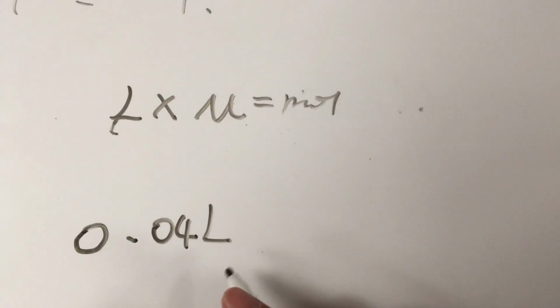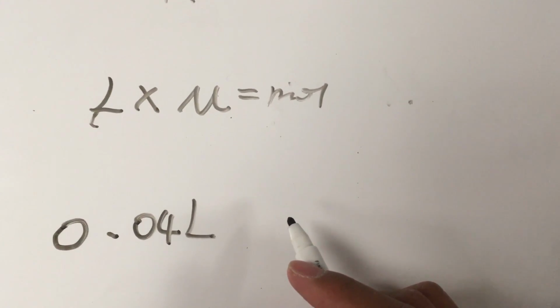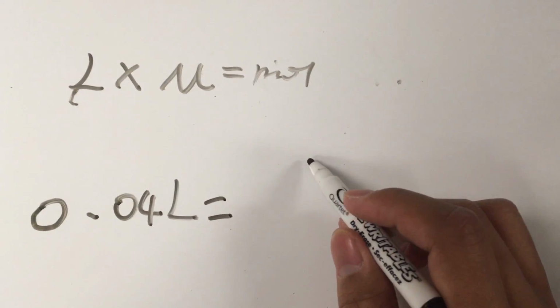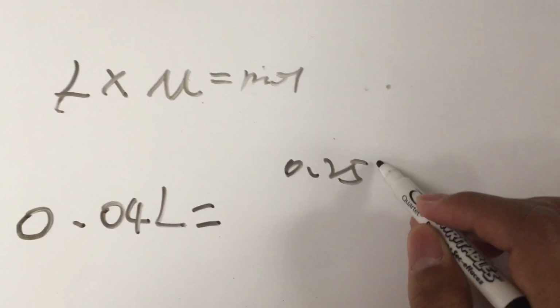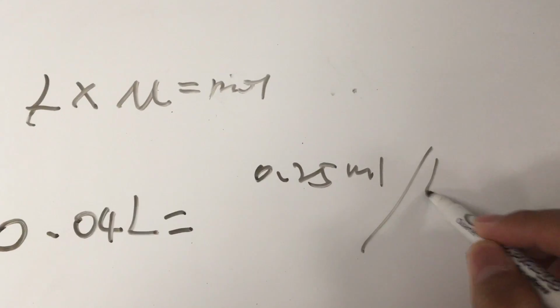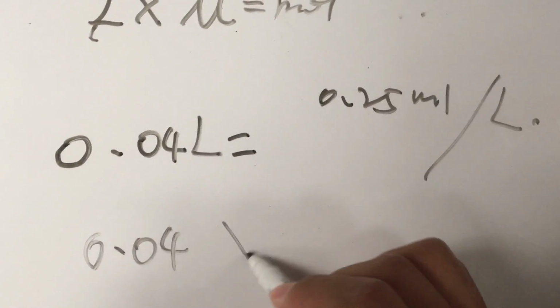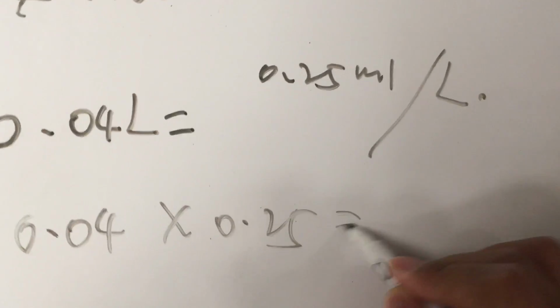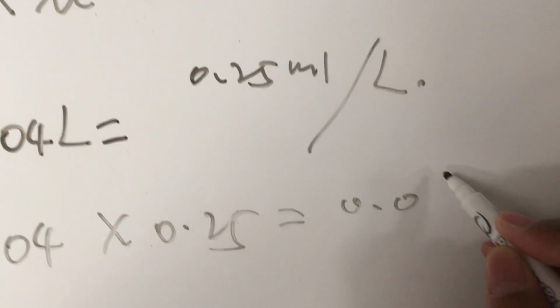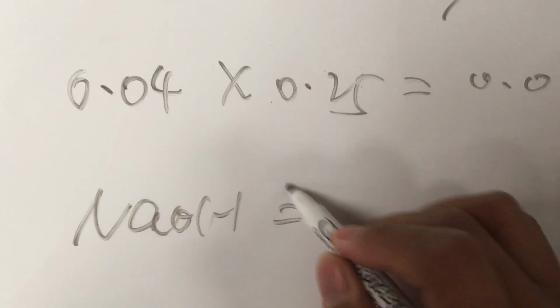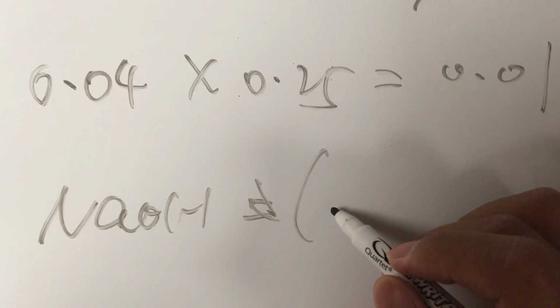As we know, the volume times the molarity equals moles. The molarity is 0.25 moles per liter. So 0.04 times 0.25 equals 0.01 moles. This is the moles of the sodium hydroxide.